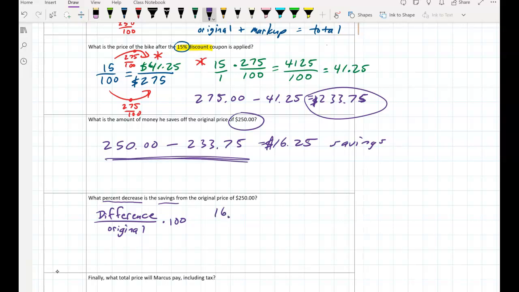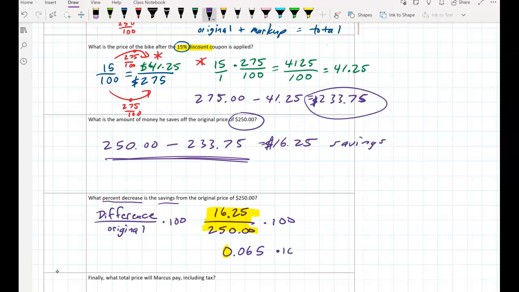That was $16.25. We're going to divide that by the original price of $250. Multiply that times 100. So remember, the first thing we do, divide this. $16.25 divided by $250. And that is 0.065.